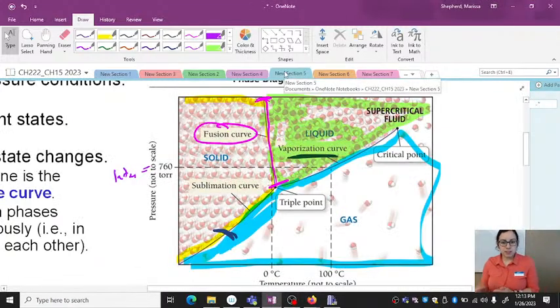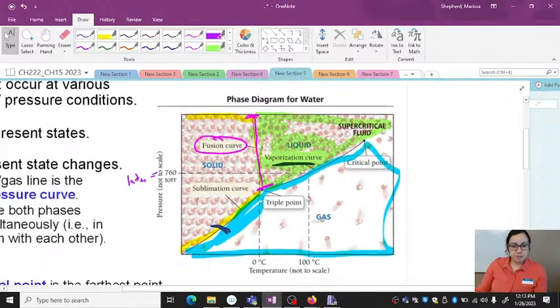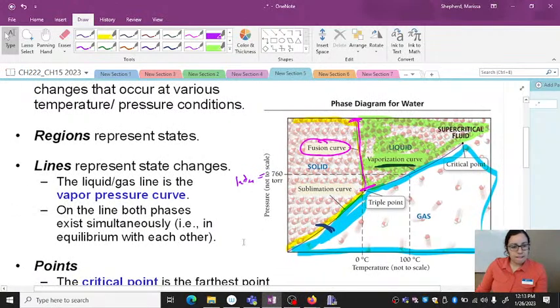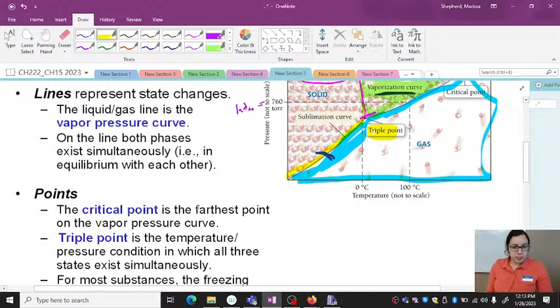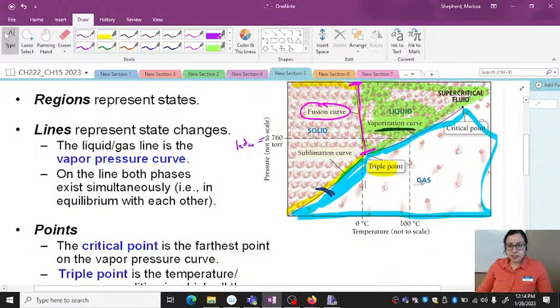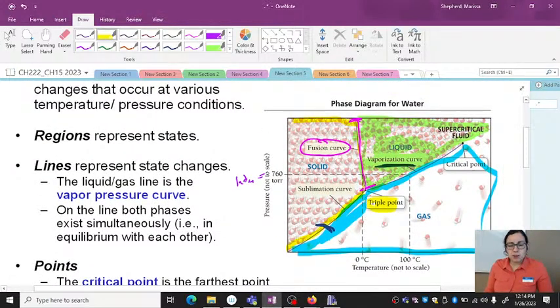All right, so back to this phase diagram. The other key point we want to look at is the triple point. You can probably tell just by where it is on the graph what it means.